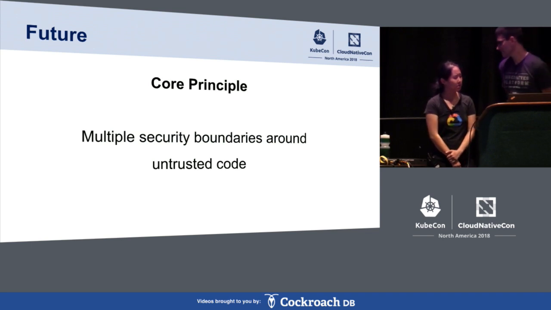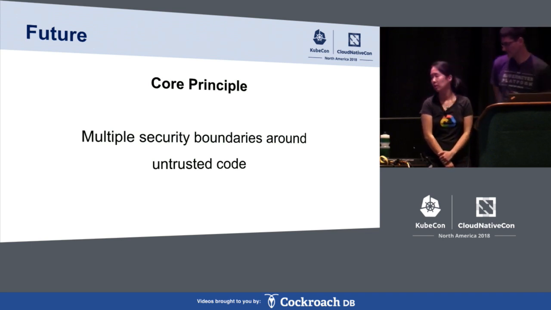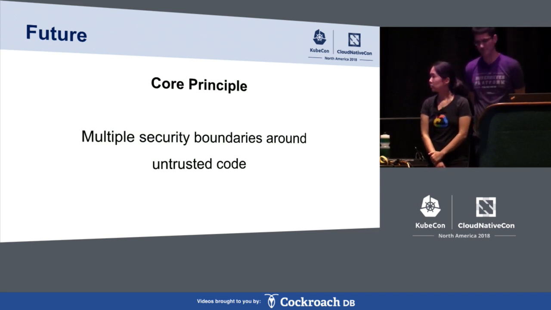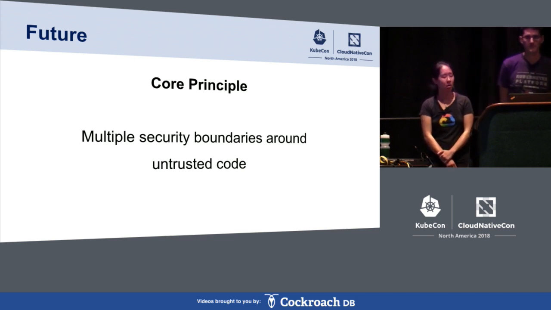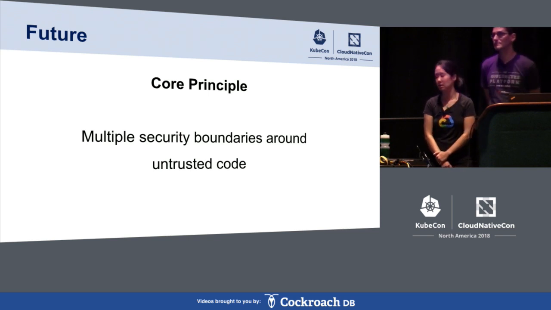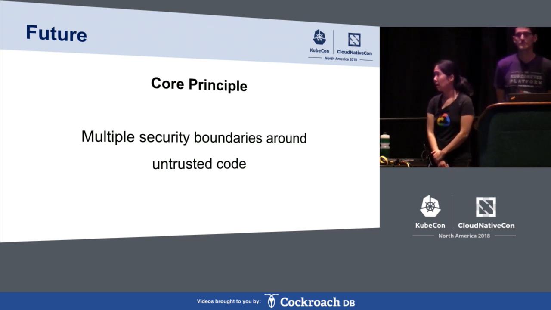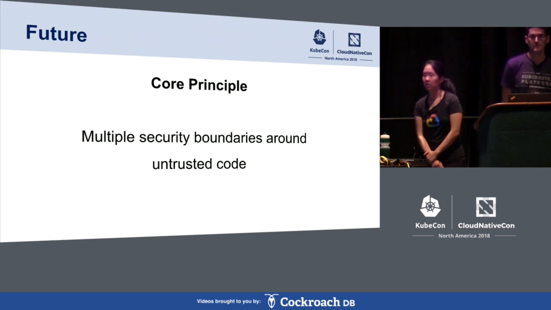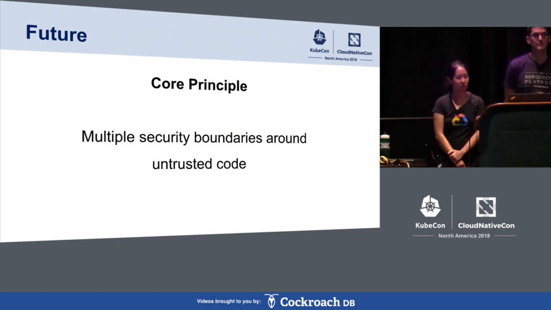Some of this work is based off of a core principle that we follow at Google, which is that any untrusted code must be protected by at least 2 security boundaries. The basic idea here is that if any one of the security layers gets compromised, then there are still other layers that can provide isolation.